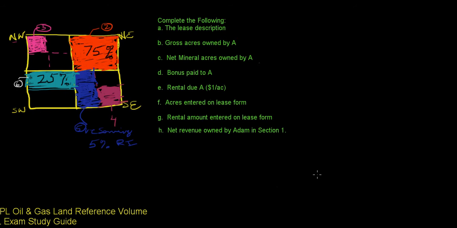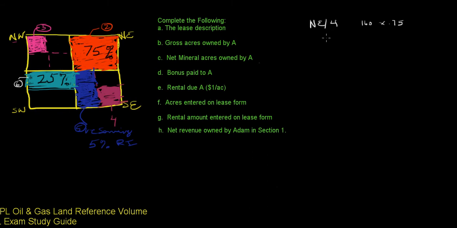So what lease description are we going to put in our oil and gas lease? The first thing I would do is go in the sequence of orders that the problem was given. So this first quarter here is the northeast quarter. And we know that that's 160 acres. But we also know that they only own a 75% mineral interest. Then let's go to number 3. Number 3, we've got black showing the east half of the northwest.